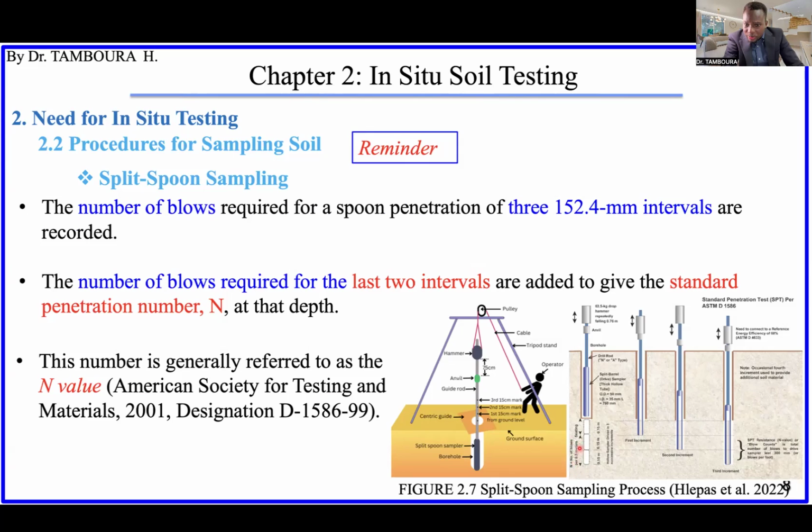If you convert this 0.3 meter, it is just the 30 centimeter, which is twice 15 centimeter. This means the number of blow required for the last 2 intervals. Okay, so please remember what is N-value, the standard penetration N-value. And after that, we are going to see how we can obtain several soil parameters from this N-value.